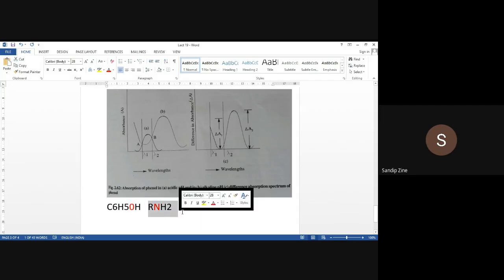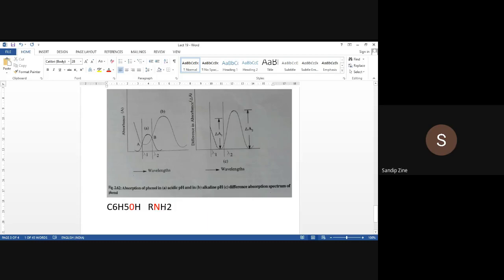In phenol the lone pair is on the oxygen of the OH, and in the amine it is on the nitrogen. These substances interact with acids or bases when we scan the compound or derivatize. In what way does that interaction happen? This interaction with acids or bases brings about changes in the number of lone pairs of electrons on the oxygen and nitrogen.